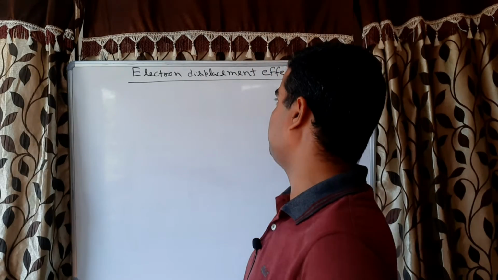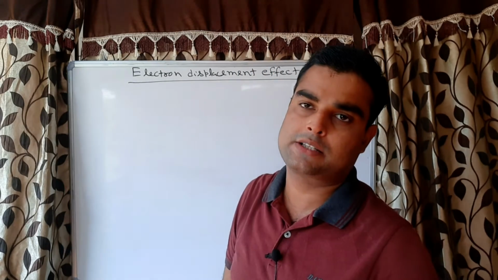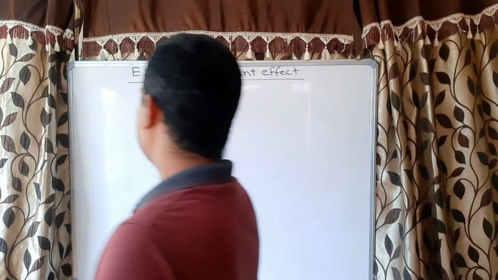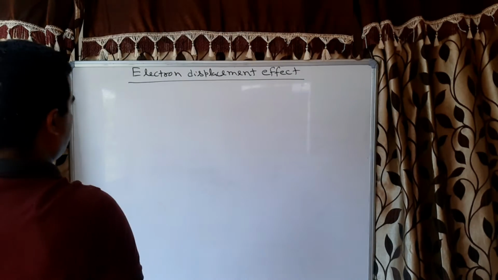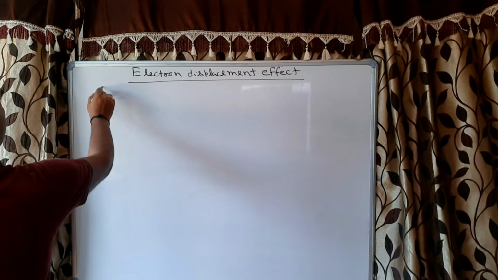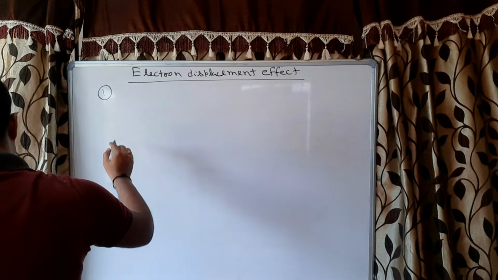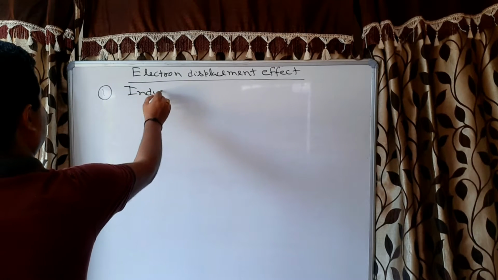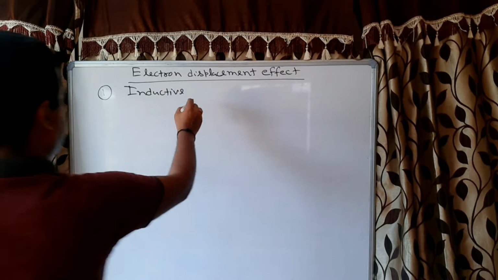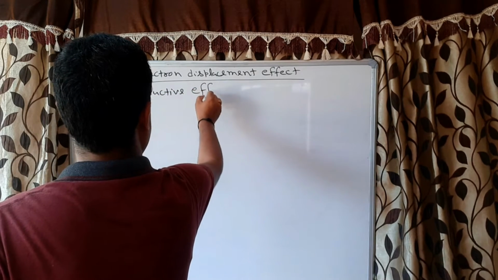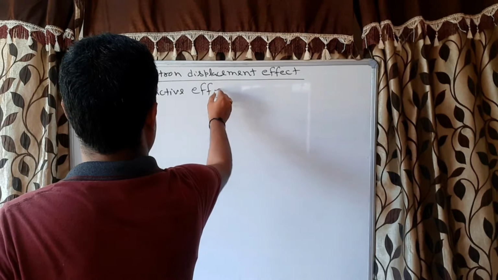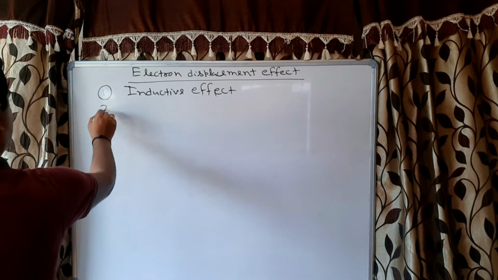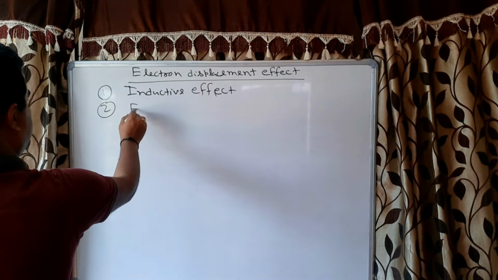First I will tell you the various types of electron displacement effect. After that I will start the inductive effect. There are generally four types of electron displacement effect. Number one, inductive effect. Number two, electromeric effect.